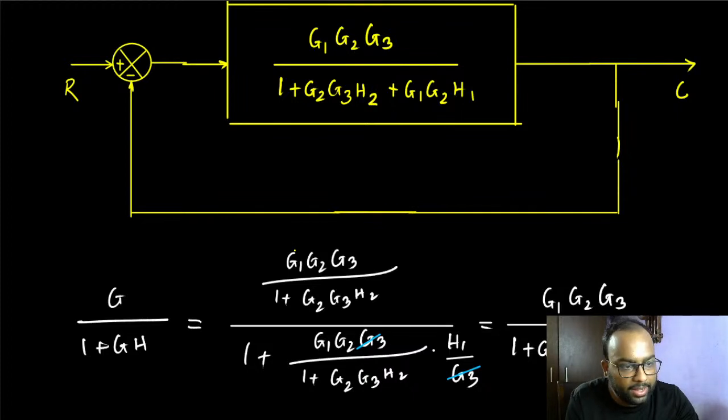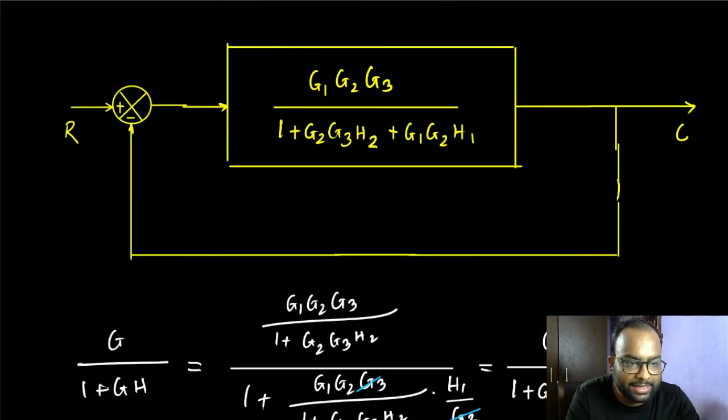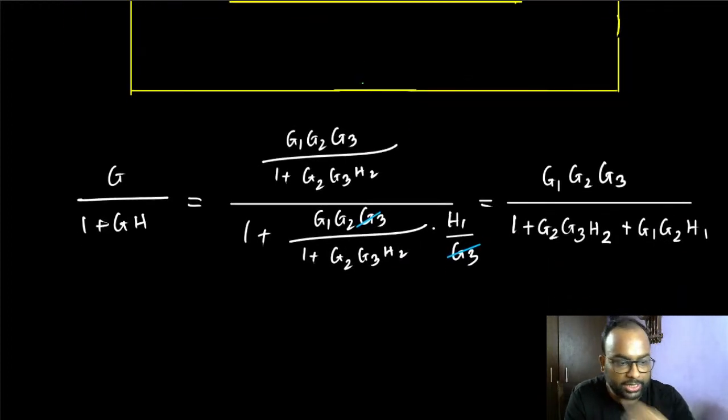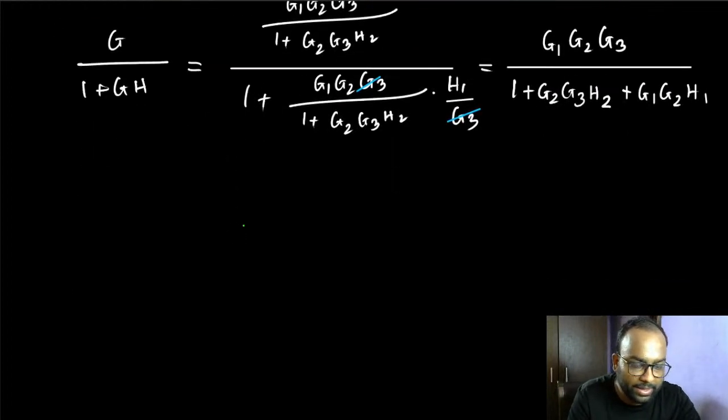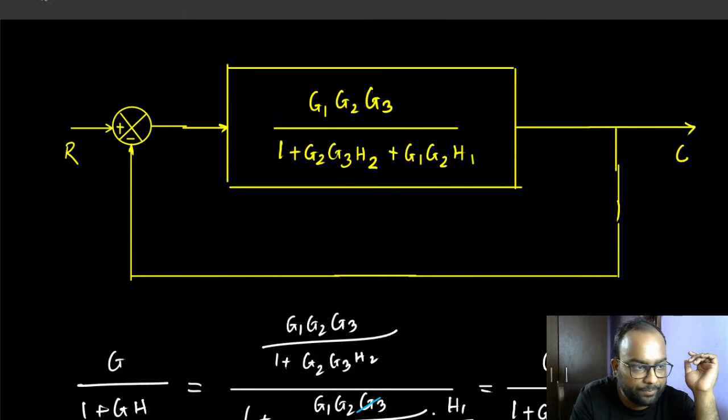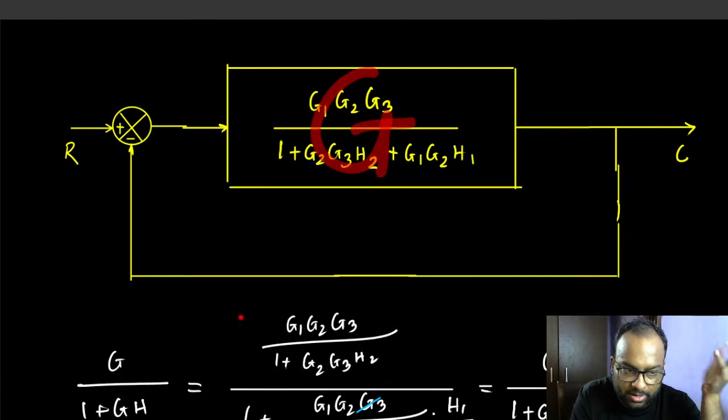All right. And with that being said, let's consider this whole thing to be this gigantic G here. Okay. This whole thing to be the transfer function G here. And let's bring up the calculation. So this whole thing is the transfer function G, right? That's G, and that's the unity negative feedback. Okay.